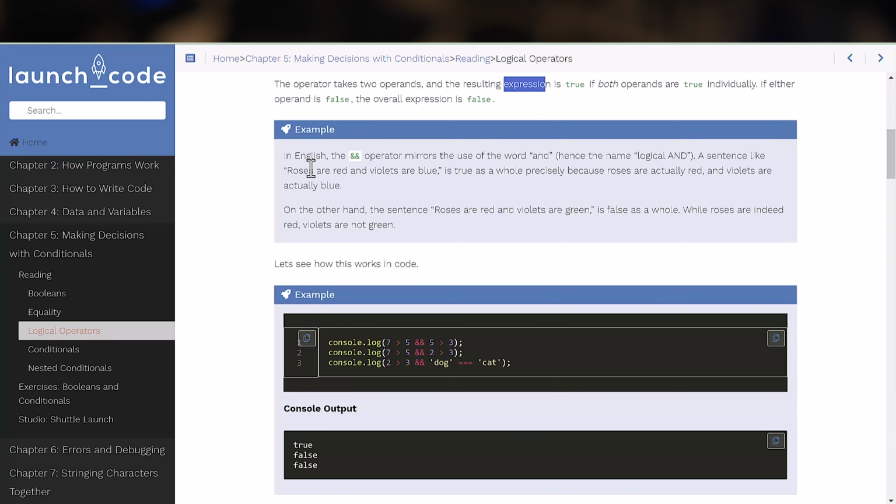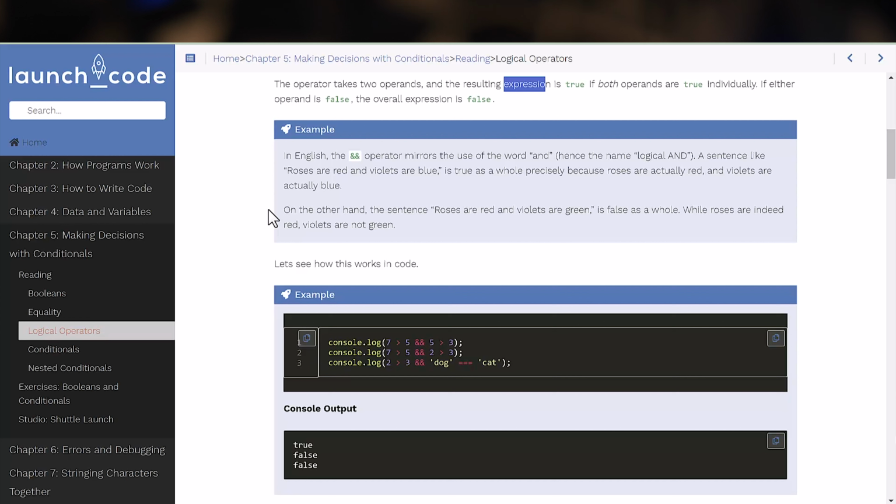Remember what an operand is: two different values. And the resulting expression is true if both operands are true individually. If either operand is false, the overall expression is false. This is something that really confuses people. It may confuse you now, but this is one of those things you've got to keep going over and over again till it makes sense.